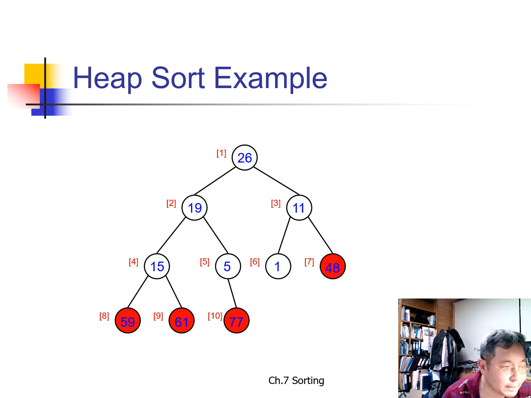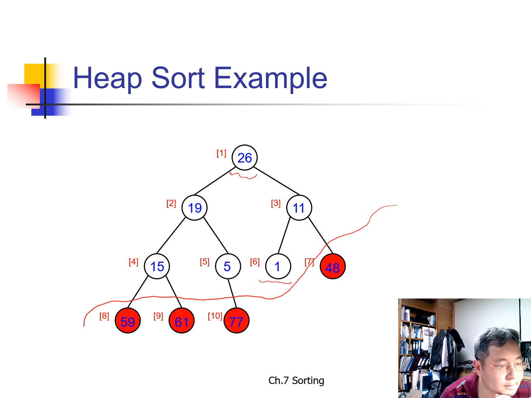And the next step is here. 26 is the current root node, and we can exchange this 26 and the last element, because this part is already ordered.